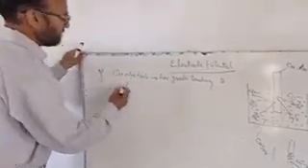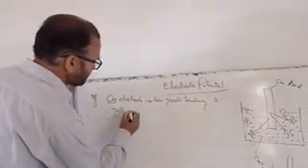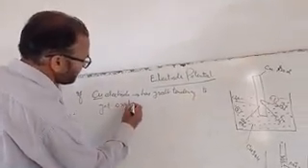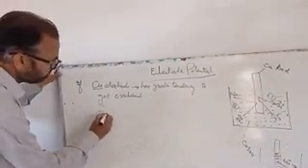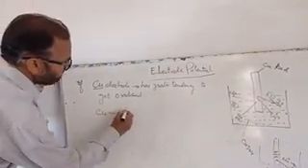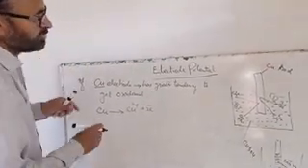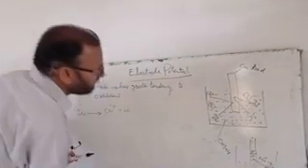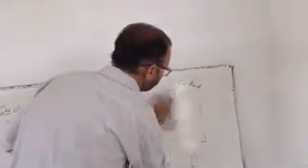Let us first take oxidation. If the copper electrode has a greater tendency to get oxidized, copper will give copper dipositive ions plus 2 electrons. What will happen here? I will show it in the diagram.